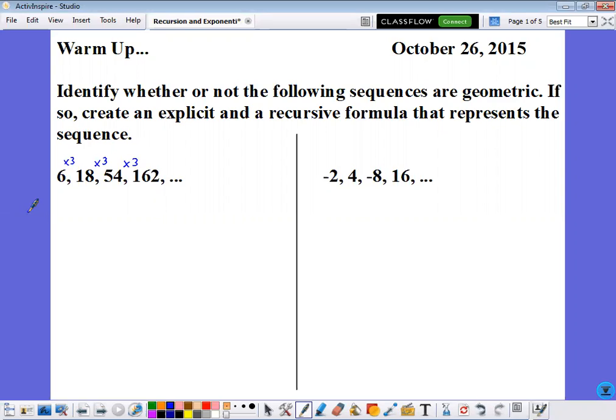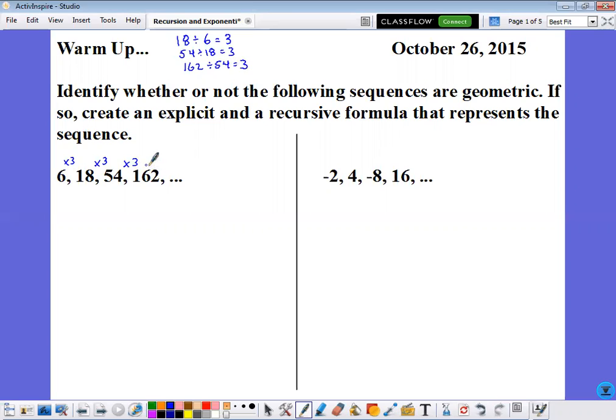So I'm just going to give you a little side work up here on top. If we did 18 divided by 6, we should get that common ratio of 3, and then continue. 54 divided by the 18, common ratio of 3, and then 162 divided by the 54. Once again, we're getting that common ratio.